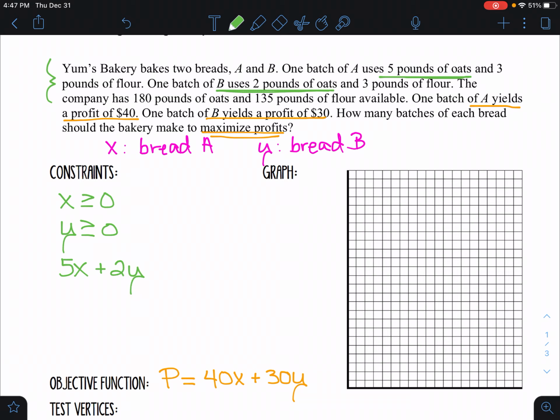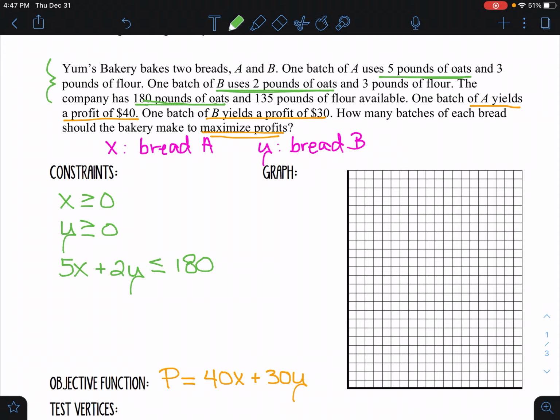So hopefully that makes sense that that's 5x, or 5 times however many batches of bread A, plus 2 times however many batches of bread B. And now I only have how many pounds of oats? 180 pounds of oats available. So that means I can go up to 180, but I can't go over. So that has to be less than or equal to 180.